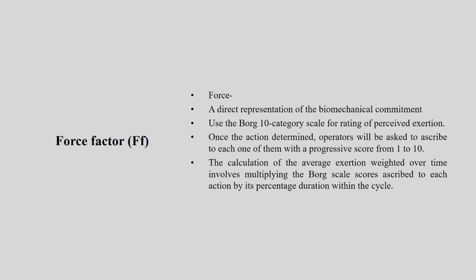So you have a Borg scale value multiplied by the percentage duration required to complete that particular element in a cycle. Multiply that, and then the force factor comes. So you have a Borg CR10 scale value multiplied by the percentage of the cycle duration taken by that particular technical action.